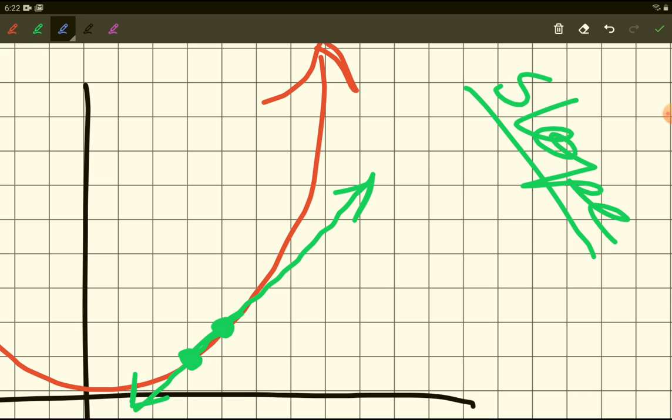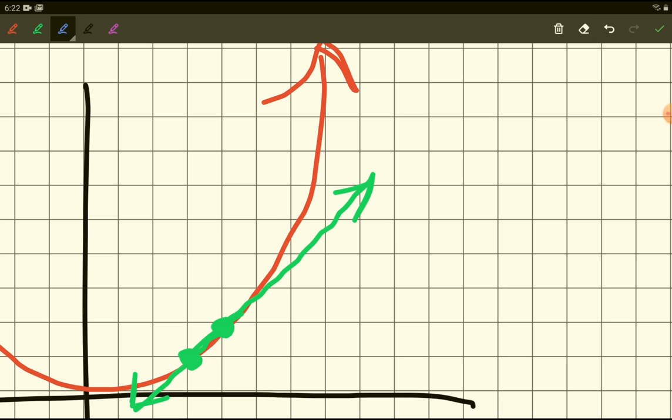Except what happens when we choose two different points, say here and here? Well, the line changes. And again, let's say if we chose here and there. Again, I connect them.